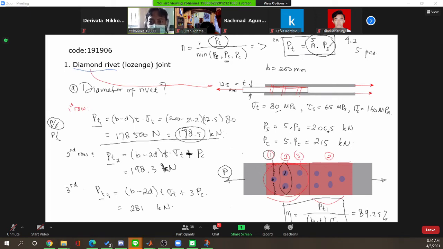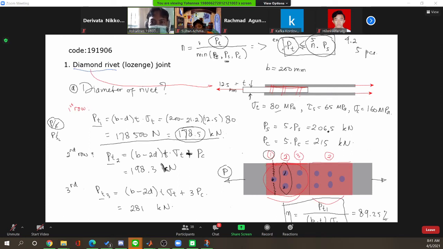So we make this term larger. The shearing strength is larger than the tensile strength because we choose 5 rivets, higher than it should be. Okay. The required is only 4.2, but we use 5. So the capacity for shear load and crushing load is larger than the tensile strength.